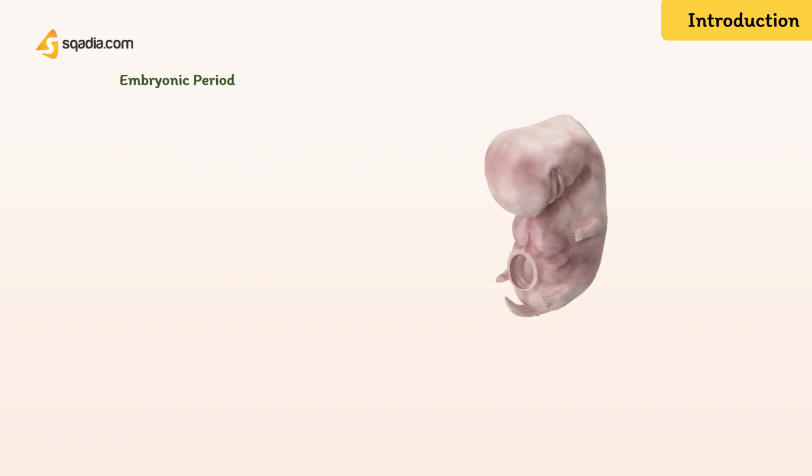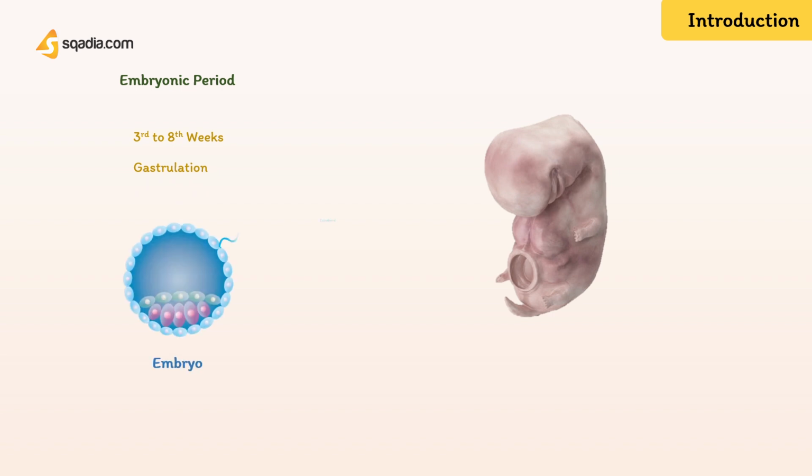The embryonic period, or period of organogenesis, occurs from the 3rd to the 8th weeks of development and is the time after gastrulation, in which the embryo reorganizes itself into the 3 germ layers, ectoderm, mesoderm, and endoderm, and when these give rise to a number of specific tissues and organs.